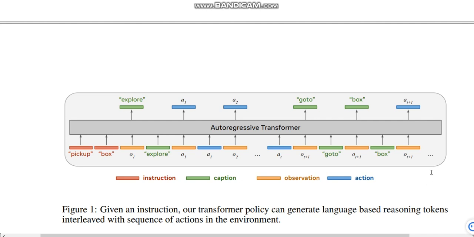As you can see, here's the caption. The caption goes to the transformer along with the observation. The observation says another caption, and it could decide whether to take an action, or observe, or output a caption. So that's the kind of thing that is done.